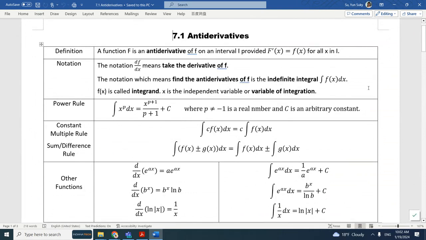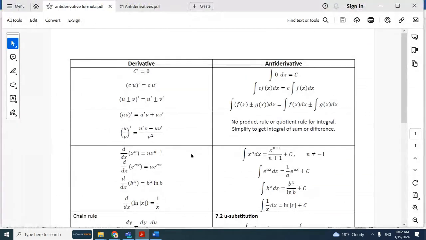Remember this formula sheet? We have derivatives and antiderivatives, right? Make sure you can memorize these. Again, the derivative of x to the n is n times x to the n minus 1. You bring the power down in front, so when you differentiate, the power drops down by 1.